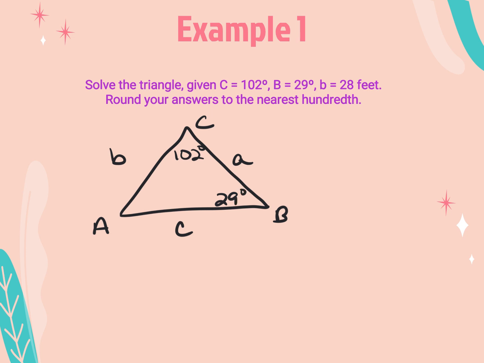And then they gave me lowercase b, this side length, it's got a linear unit, it's feet, so this is the side length, 28 feet. Now, if you notice this one, they gave me a side over here, they gave me an angle, and they gave me an angle. Notice this S is not in between the two A's, so this scenario is going to be angle, angle, side.